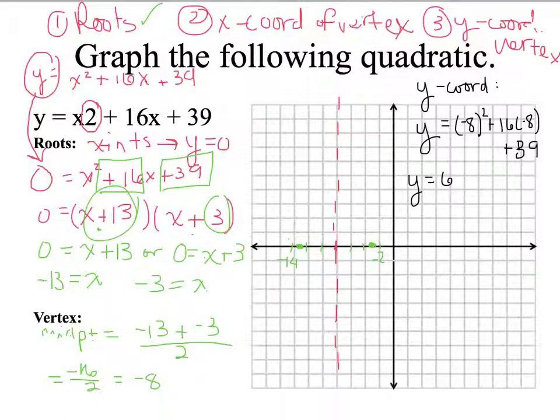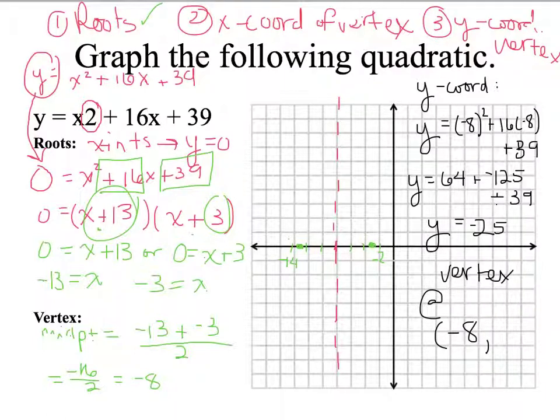So we get y equals 64 plus negative 125, or minus 125, plus 39. So then y is equal to negative 25. Okay, so our vertex then is at negative 8, the x-coordinate we found the axis of symmetry is on and that we plugged in, and then negative 25.